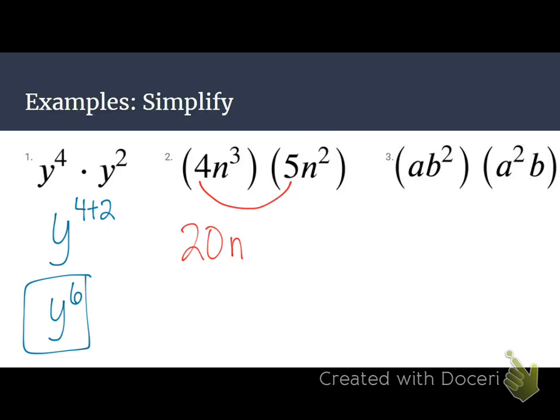So we add the exponents, which gives us 5. So we would have 3 plus 2, 20n to the 5th. Questions about number 2? Okay. On number 3, how many different bases do we have?